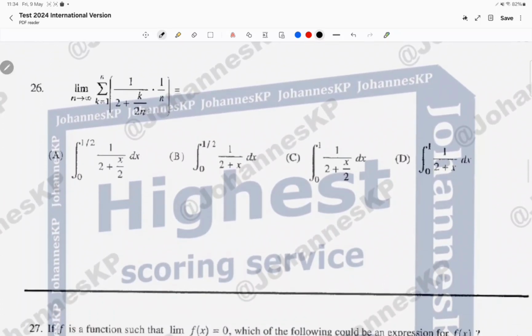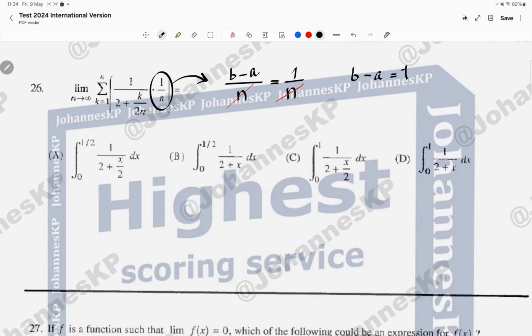26. This is called the Riemann sum notation. I'm assuming you've not reached there yet. Yeah. You have? No. You take the 1 over n and you equalize it to b minus a over n. So if you take out the n with the n, you're left with what? b minus a is equal to 1.